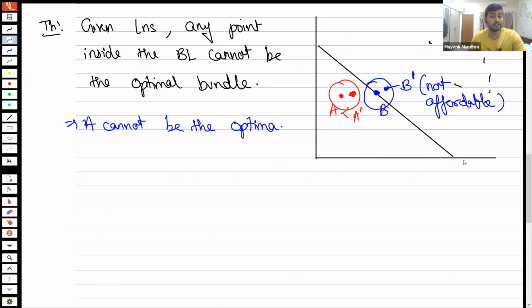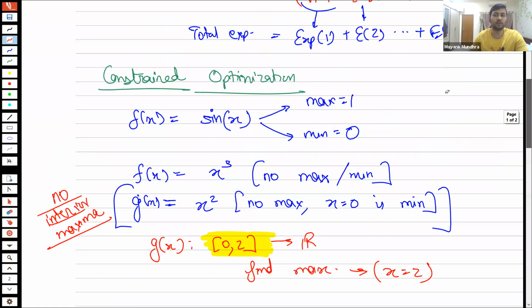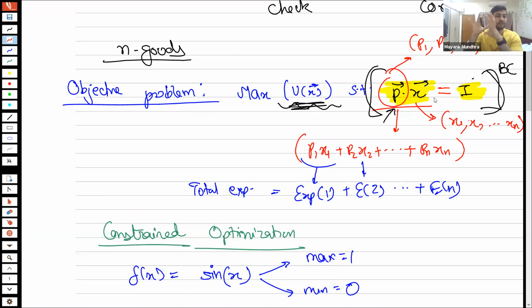So the point that the consumer consumes will be on the budget line. If he consumes on the budget line, I can convert this inequality into an equality. The entire income has to be spent. The expenditure becomes equal to income.